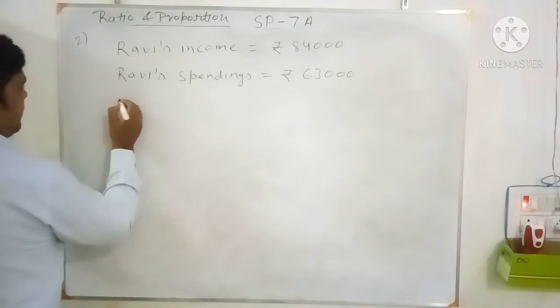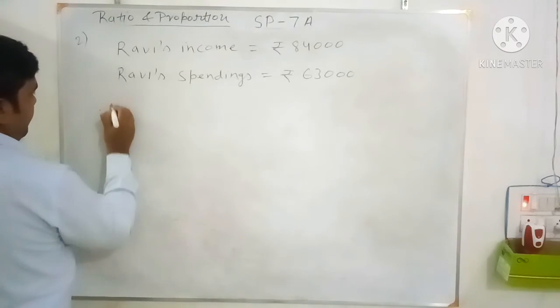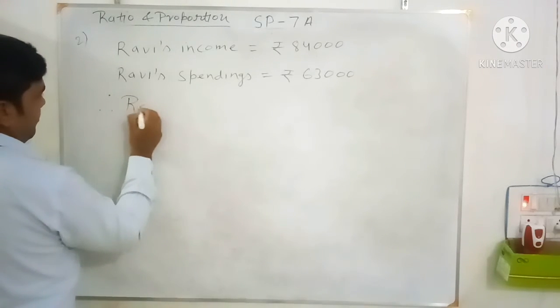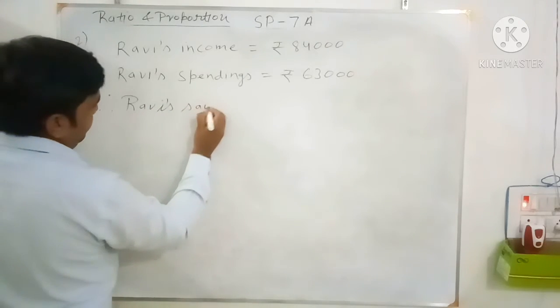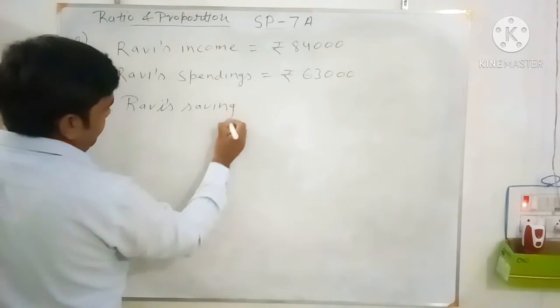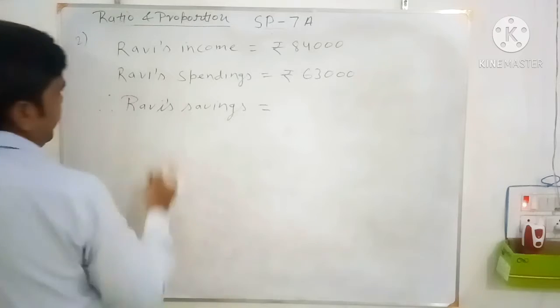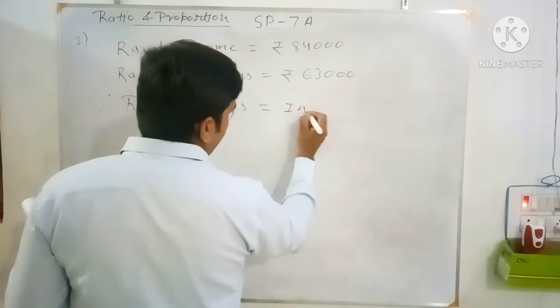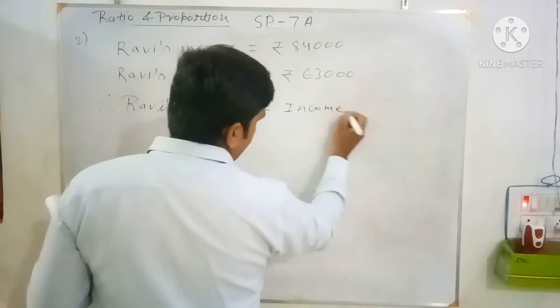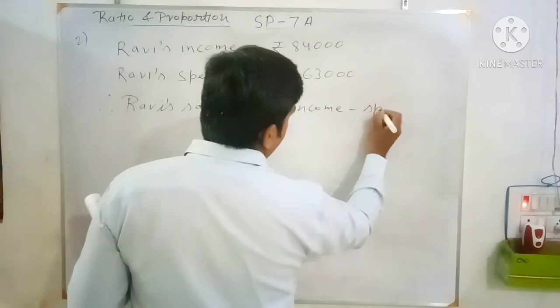So Ravi's savings equals income minus spendings or expenditure.